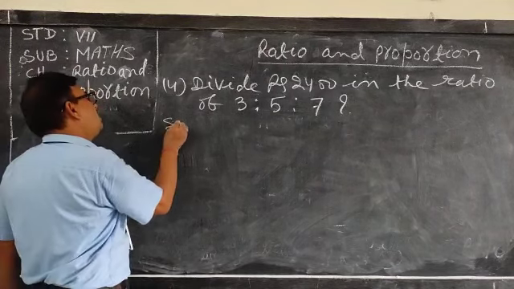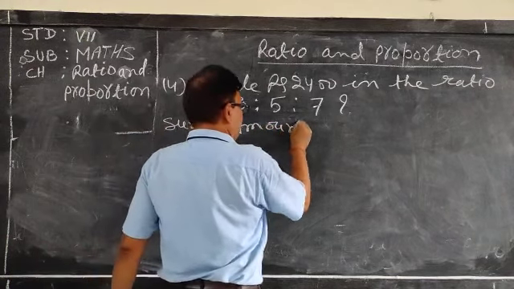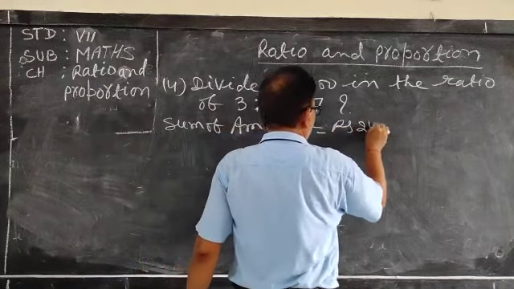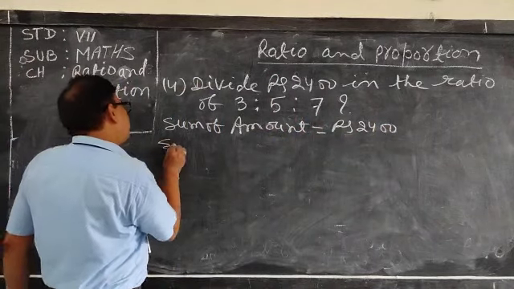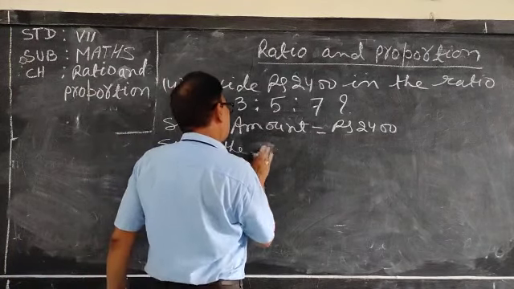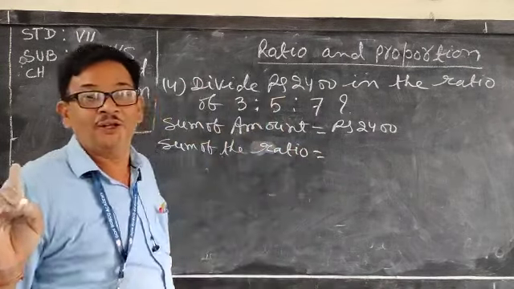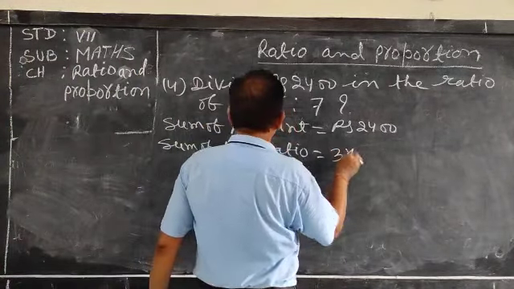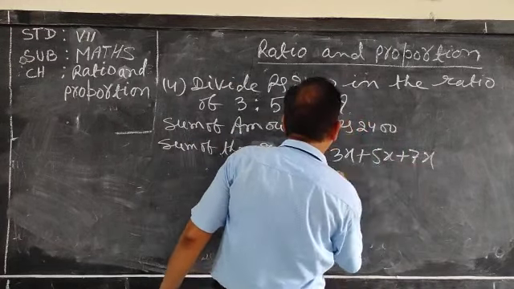Here again you will write the sum of the amount is equal to rupees 2400. Okay, now the sum of the ratio. Whether you want to take x or solve directly, both methods are the same. So you can take 3x, 5x plus 7x. What is that? 15x.